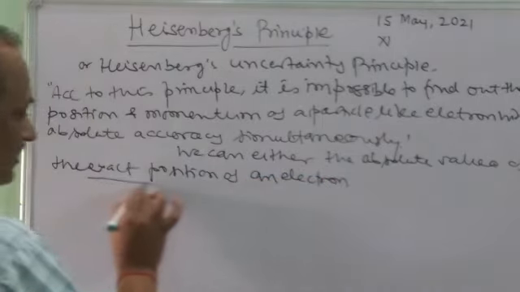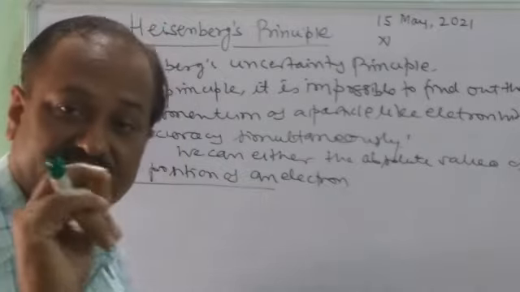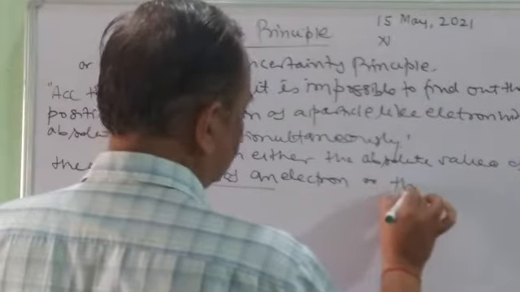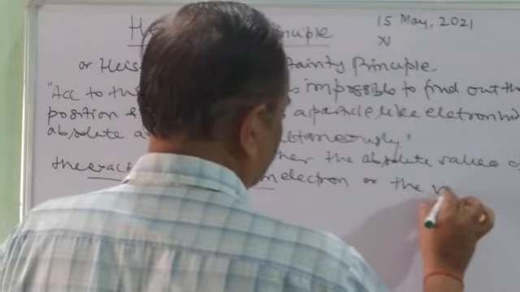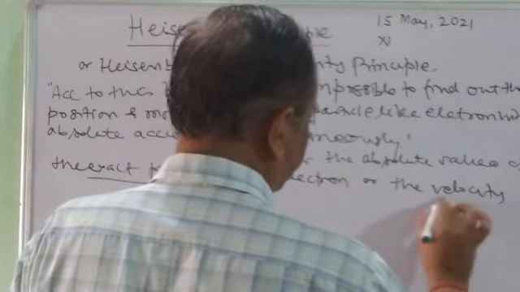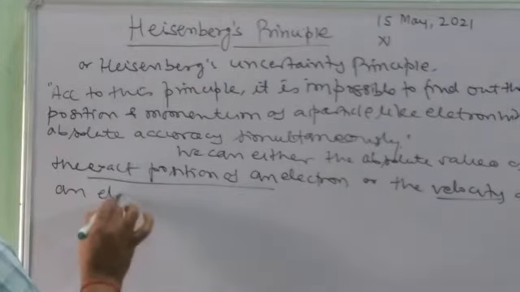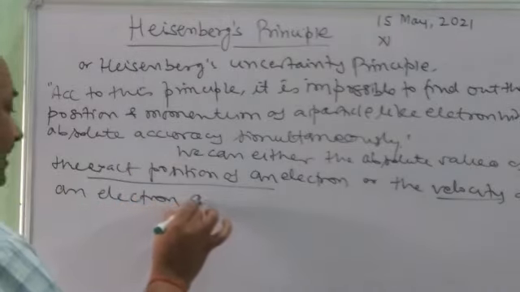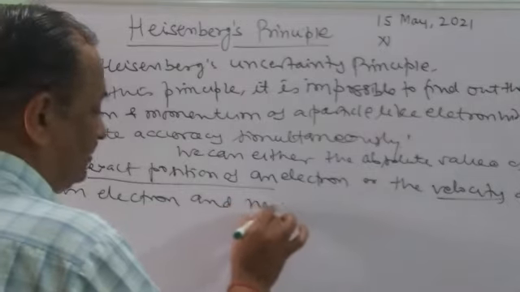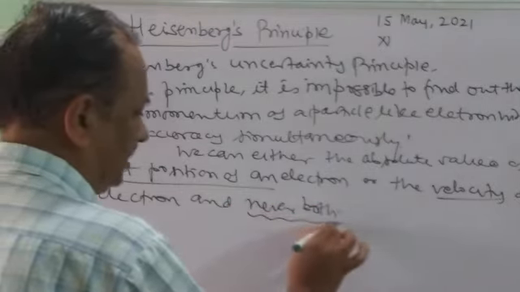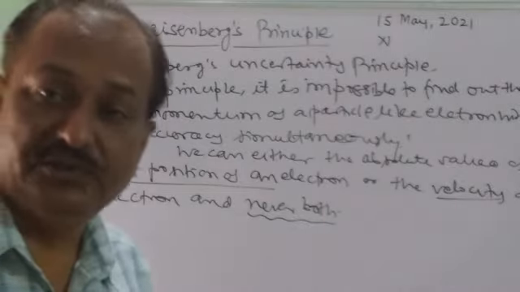Exact position of an electron means the exactness, the accuracy, or the velocity of an electron, and never both. We cannot find out both with absolute accuracy.